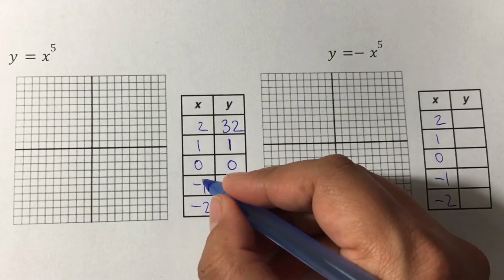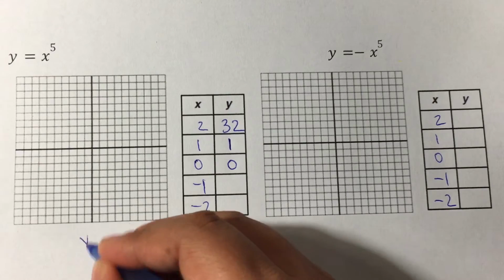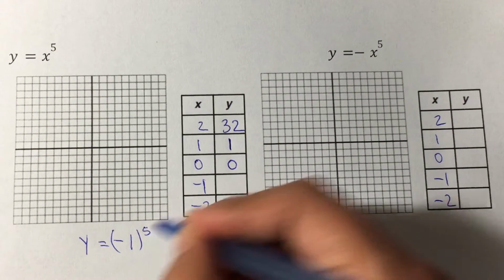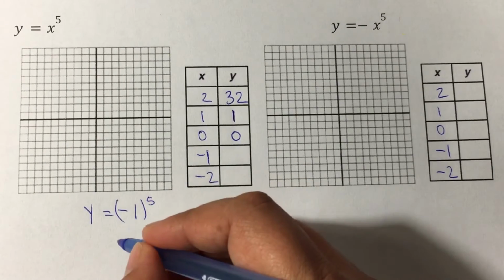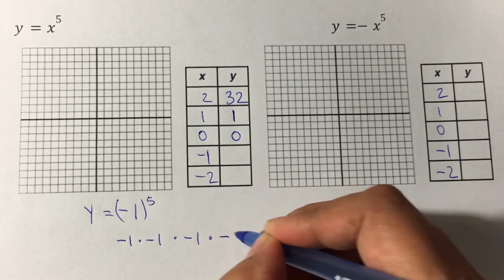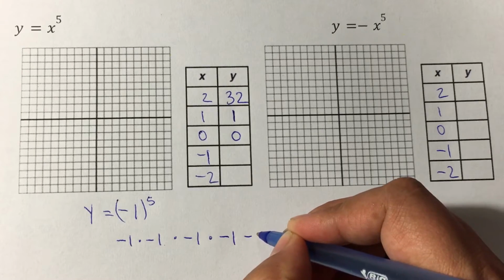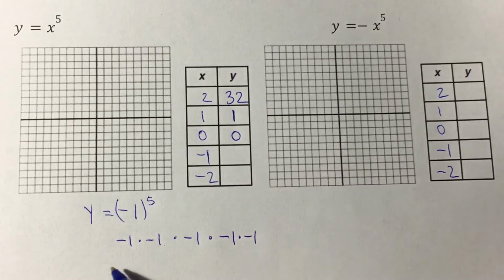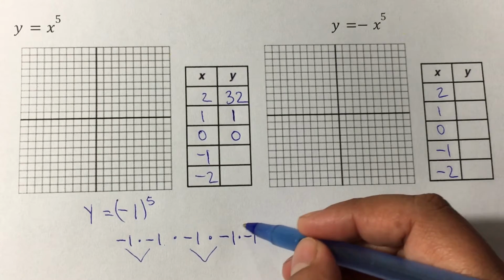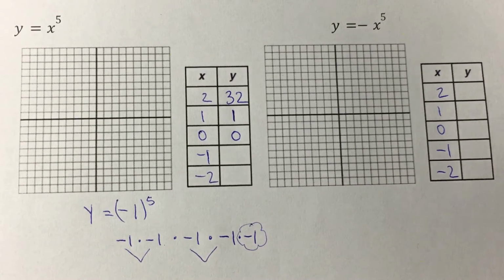Now in here, you have negative, so y equals negative 1 to the fifth power. And so it means negative 1 times negative 1 times negative 1 times negative 1 times negative 1. Remember that each pair will make it positive, but then there is a lonely one that makes it negative again.